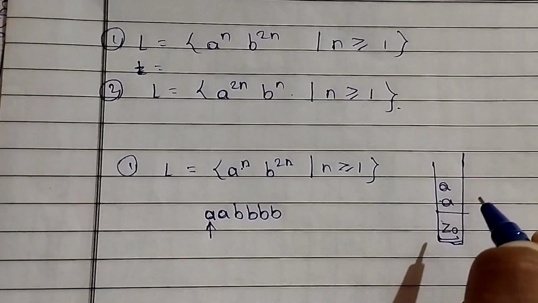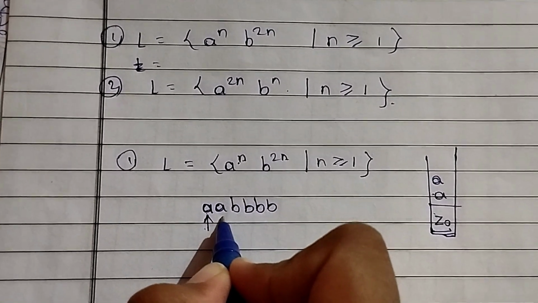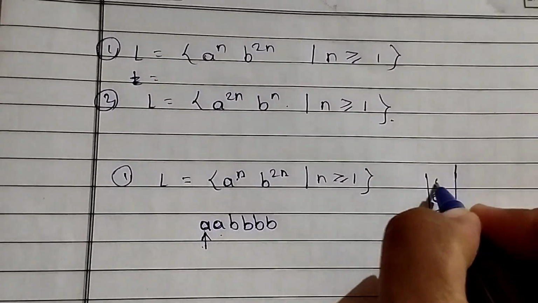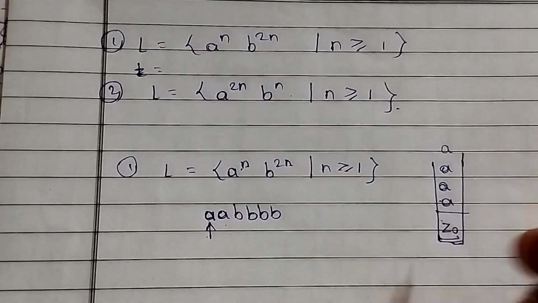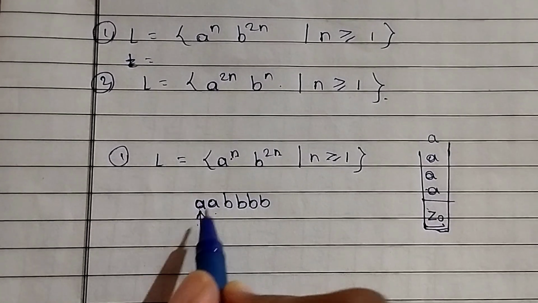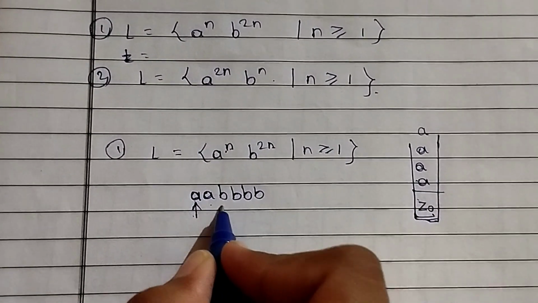So 2 a's for this single a. Now again when you read this second a, again you push 2 a's. So here for this single a we push 2 a's, and then we read b.